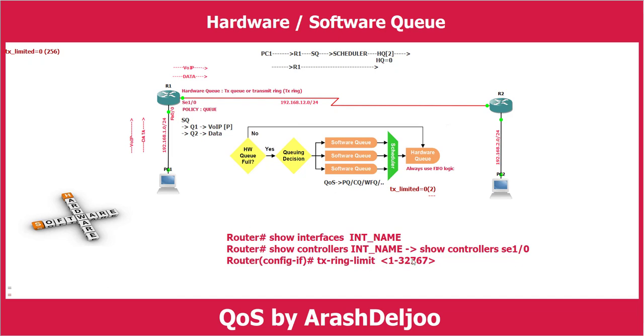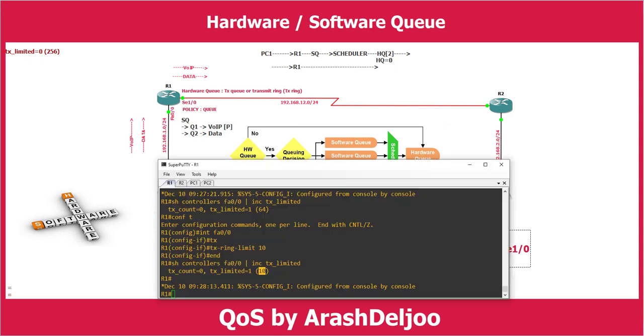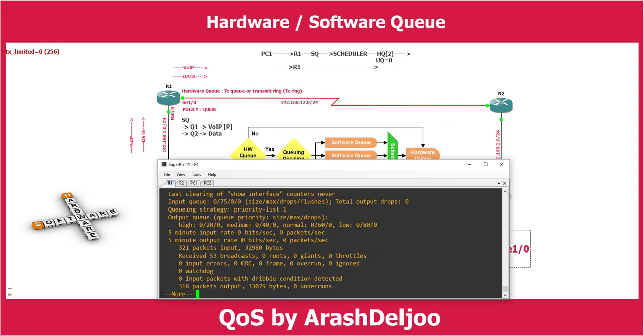Here, let me explain these three commands. With show interface name, you can see the queuing mechanism that we now have. This shows us the software queuing mechanism. For example, let me show you this command about FastEthernet 0/0. On FastEthernet 0/0, as you saw, I have configured priority group 1. This is priority queuing. Look here, queuing strategy is priority list.